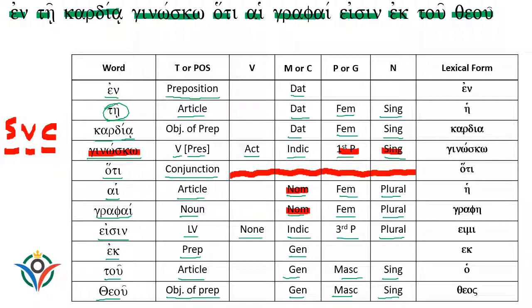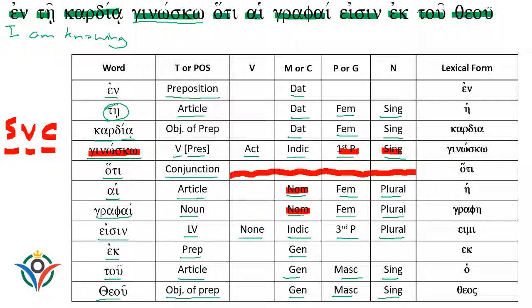So let's do some translation together. Ginosko, which is I am knowing. All right, just communicating that imperfective verbal aspect, that linear idea. I am knowing. All right. En te kardia. All right.